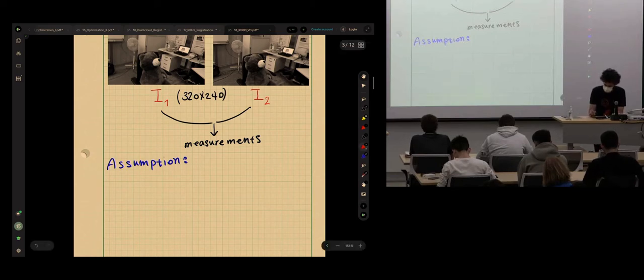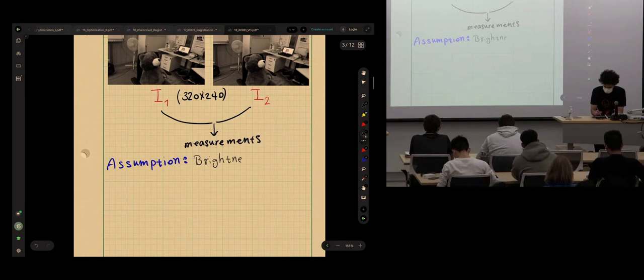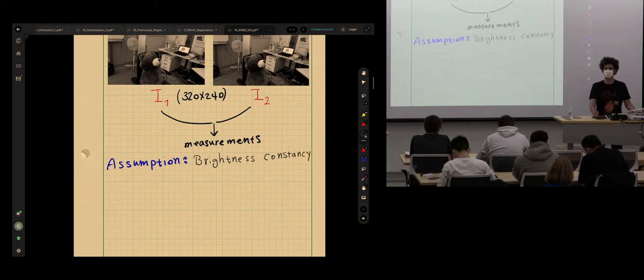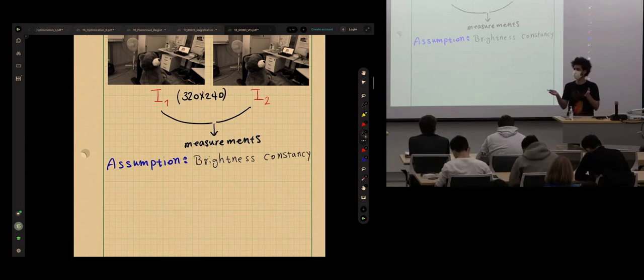So the assumption is called brightness constancy, and it is saying that if you move a little bit, not a lot, under small movements, the intensity values of the corresponding pixels are the same.